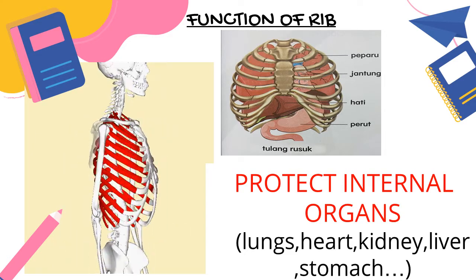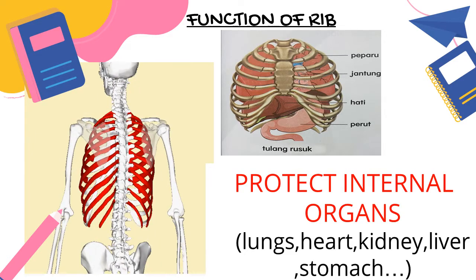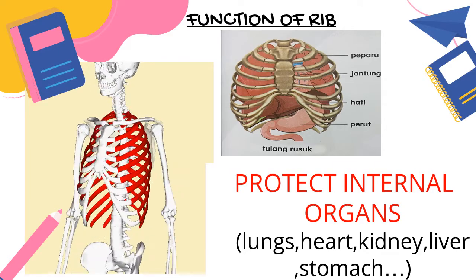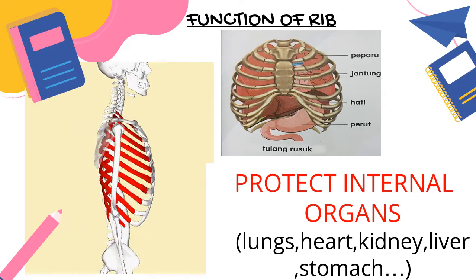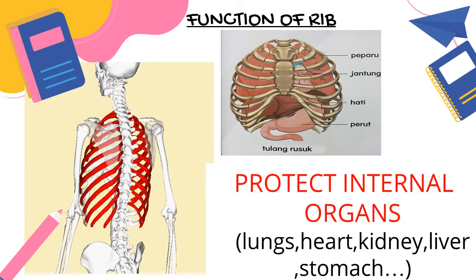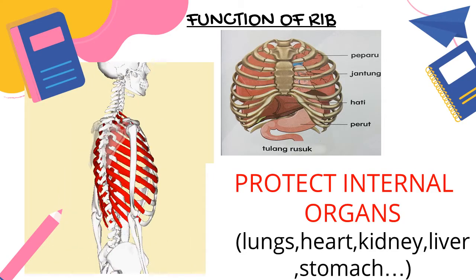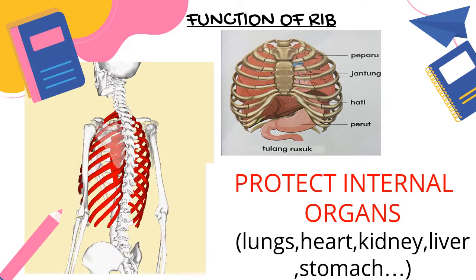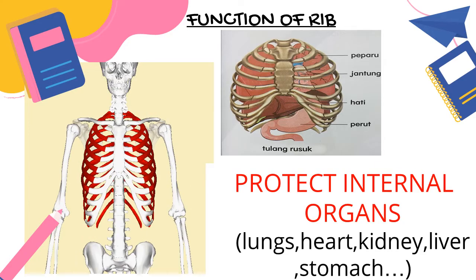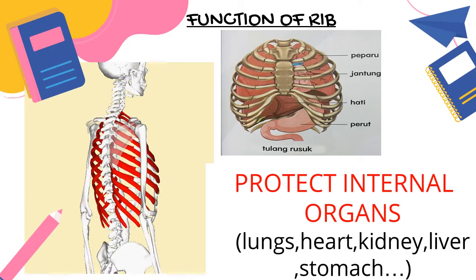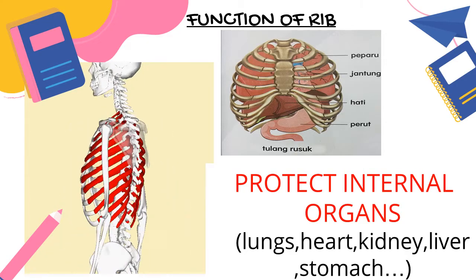Our ribs can protect our lungs, our heart, our kidney, liver, and also our stomach.